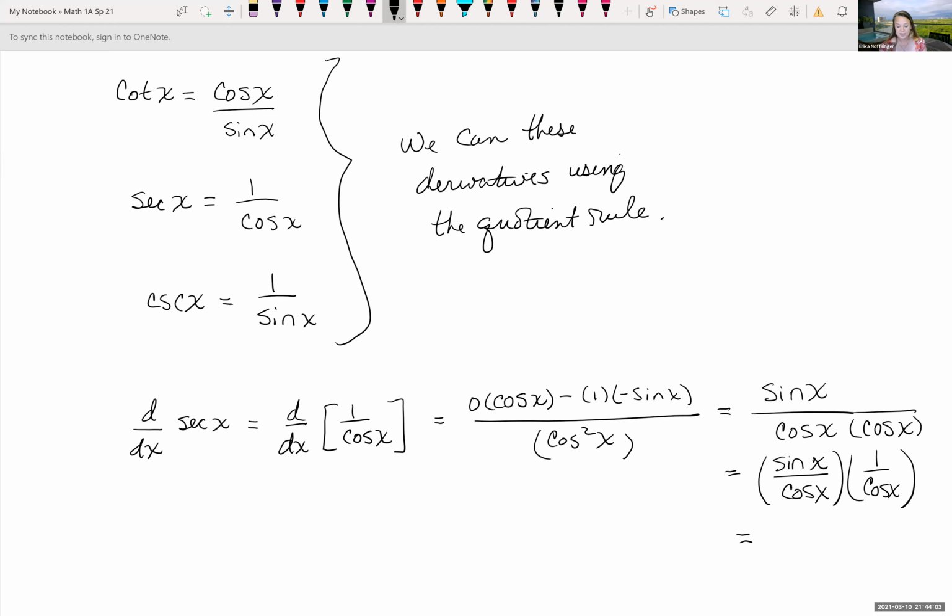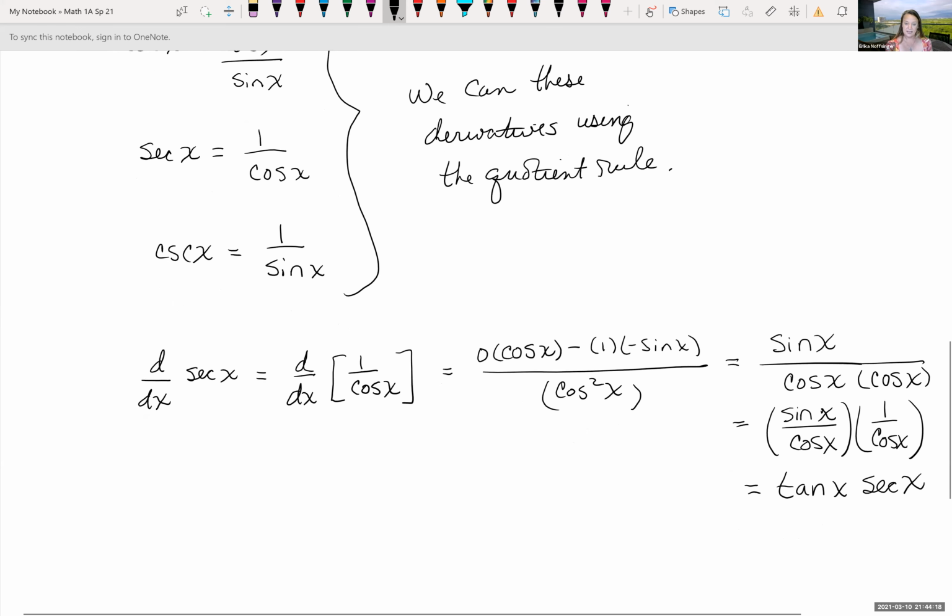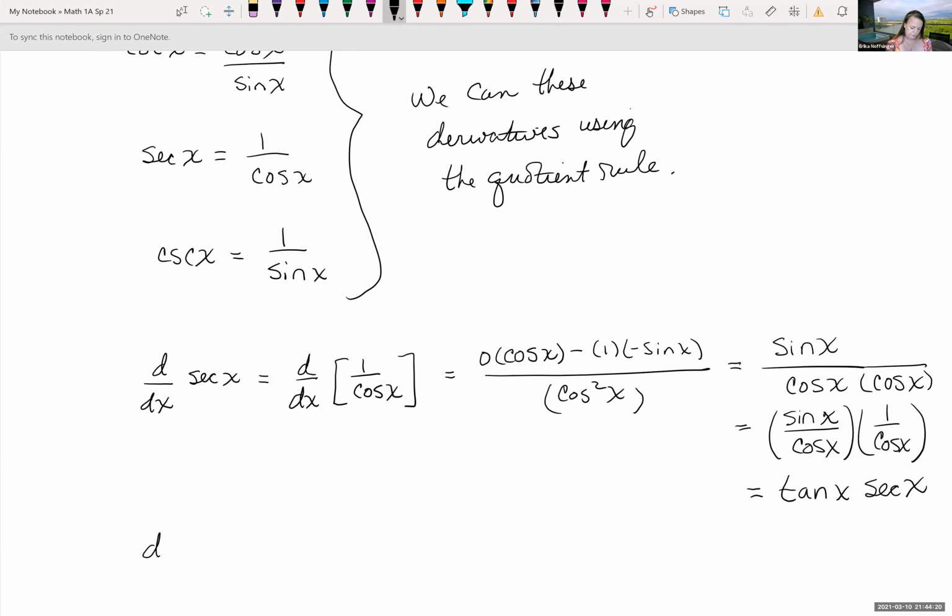Well, sine over cosine, that's tangent X, and 1 over cosine is secant X. So the derivative of secant is tangent X times secant X.